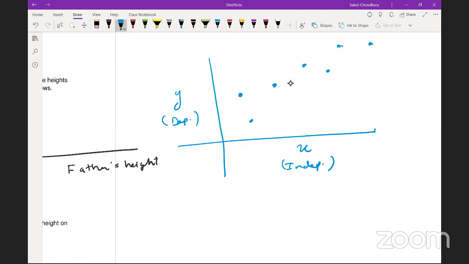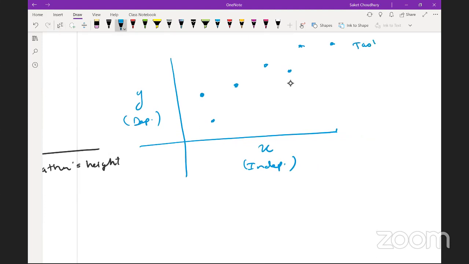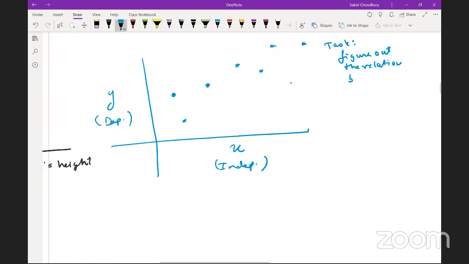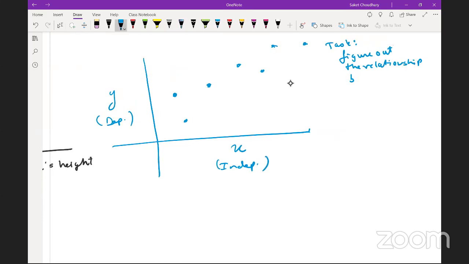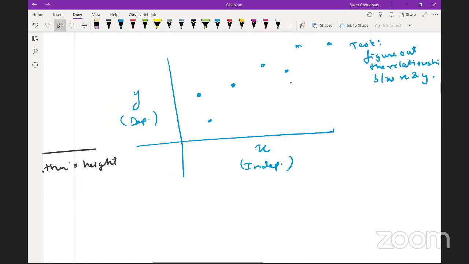What is my task? My task is to figure out the relationship between x and y. Okay, so imagine you are given this kind of information.